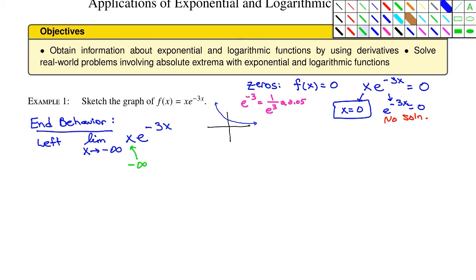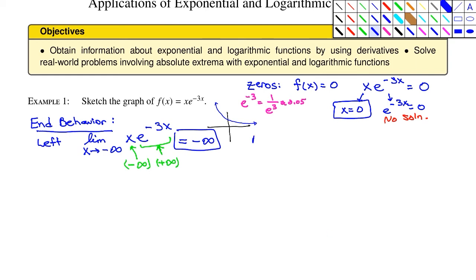With that in mind, this piece goes to positive infinity. Although you're not technically allowed to multiply numbers like this, we can use it conceptually and say negative infinity times positive infinity would be negative infinity. Really large negative numbers times really large positive numbers are going to result in really large negative numbers. So the left side goes to negative infinity.